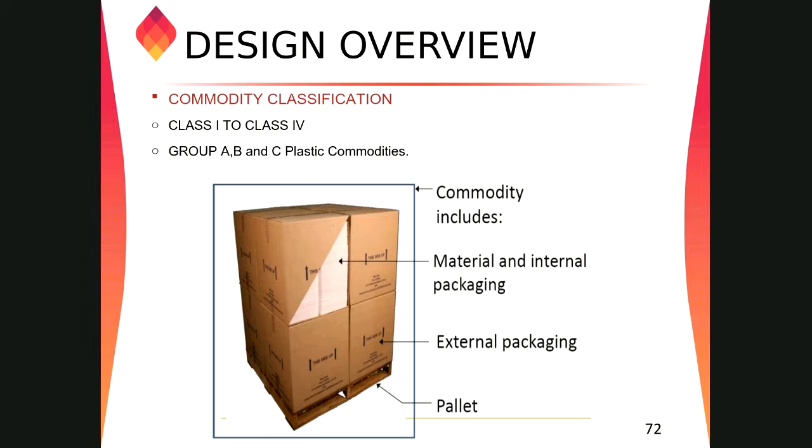So we have three different products: the pallet made of wood, the cartons, and the storage material inside. So the heat release from all of the materials will be different, right?